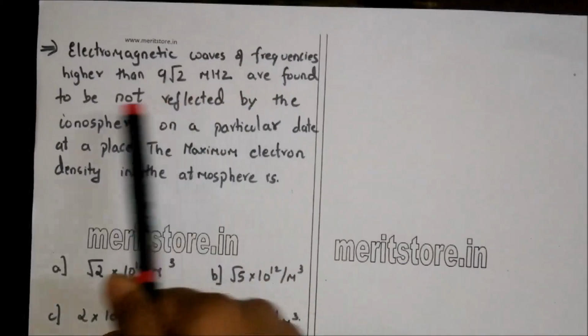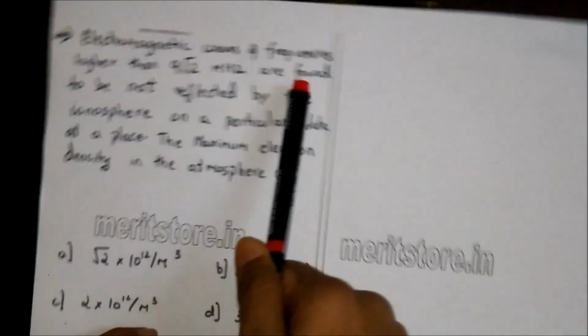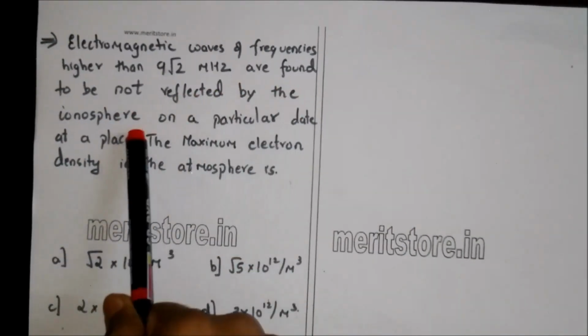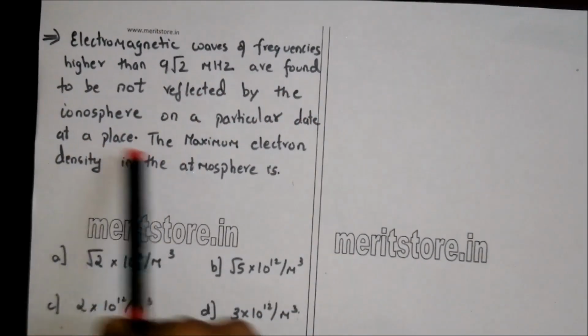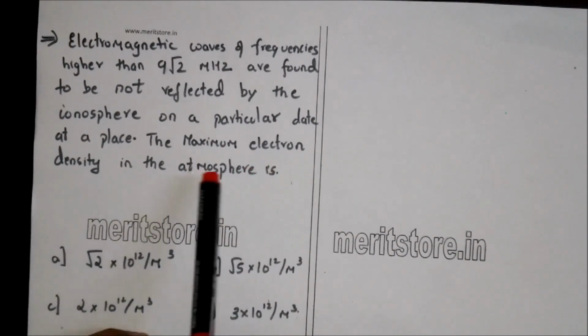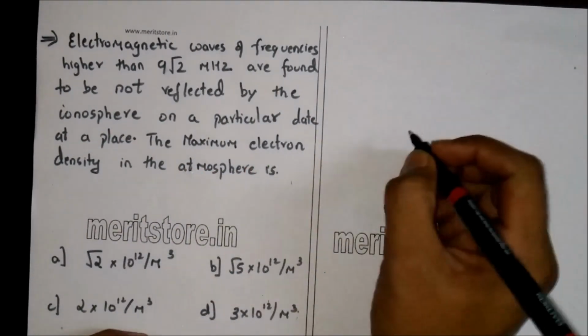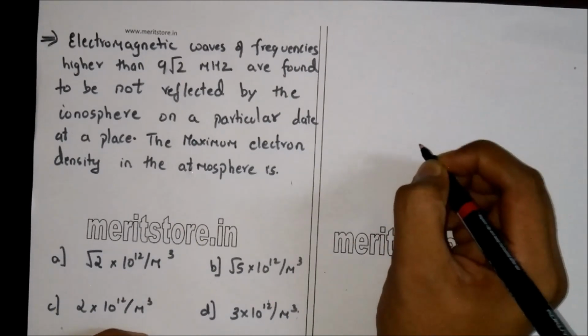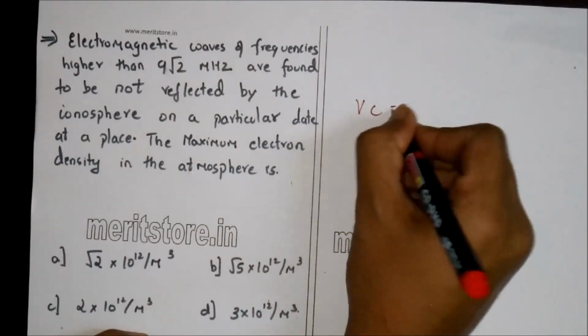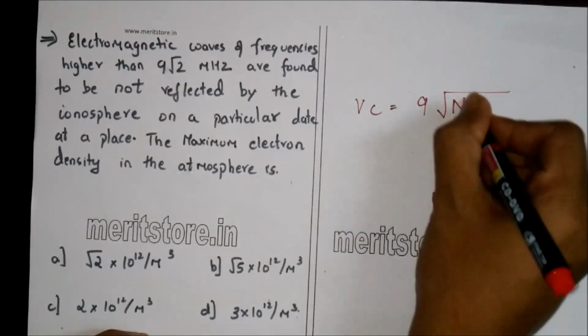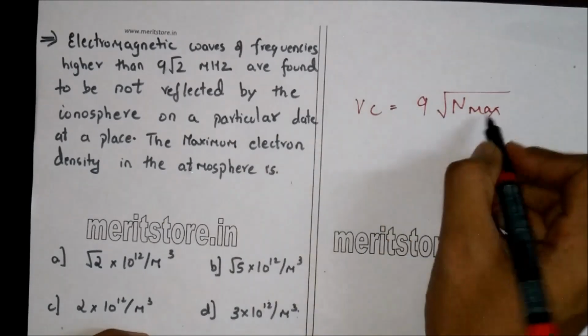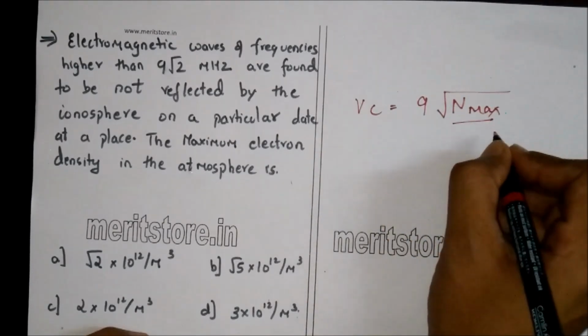Electromagnetic waves of frequencies higher than 9 root 2 MHz are found to be not reflected by the ionosphere on a particular date at a place. The maximum electron density in the atmosphere is, here are the options. Now, for ionosphere propagation, the critical frequency Vc is given as 9 into root of N max, where N max is the maximum electron density. We have to find N max.